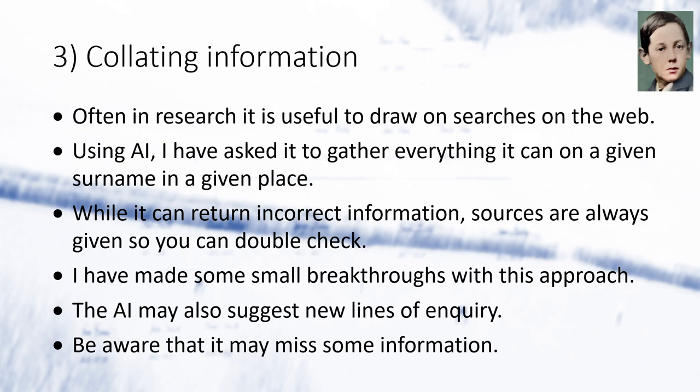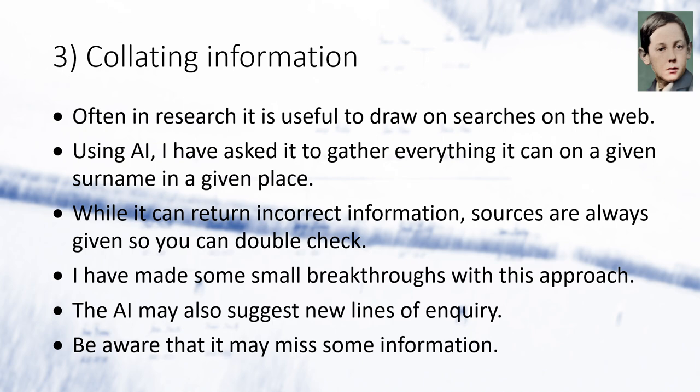I have made some small breakthroughs with this approach. I found a reference to an ancestor in a land record I hadn't found before, and I also was in contact with a distant cousin who gave me a rough handwritten family tree by one of their grandparents, and it mentioned that one of my ancestors' fathers-in-law, it just called them the High Sheriff Davison, but it didn't say where they were High Sheriff of.